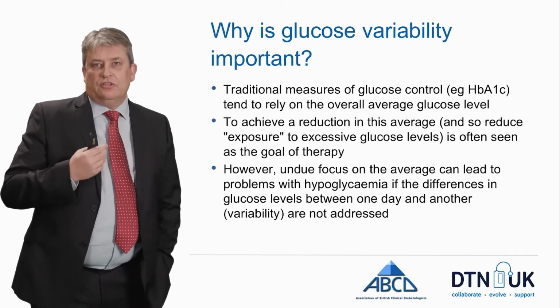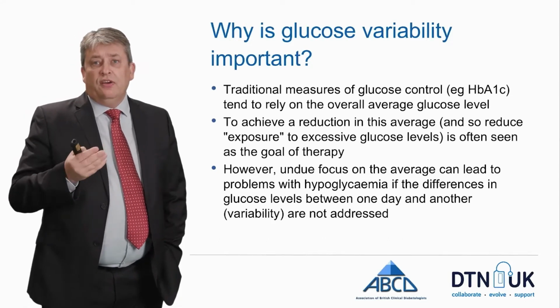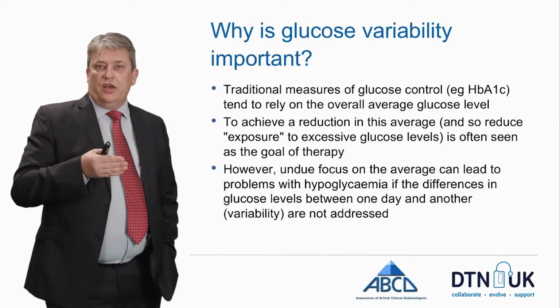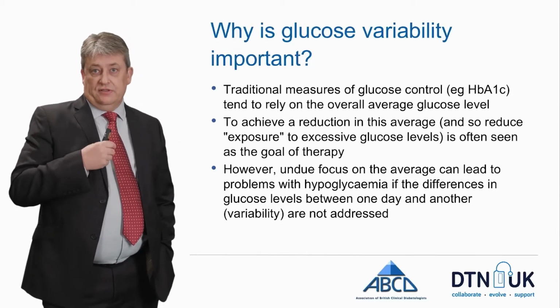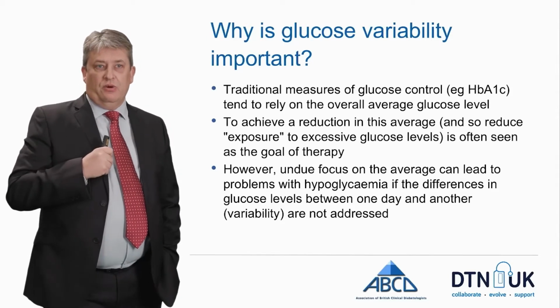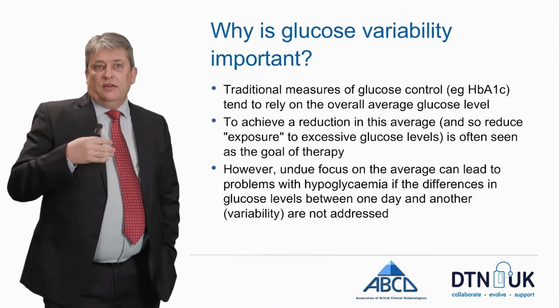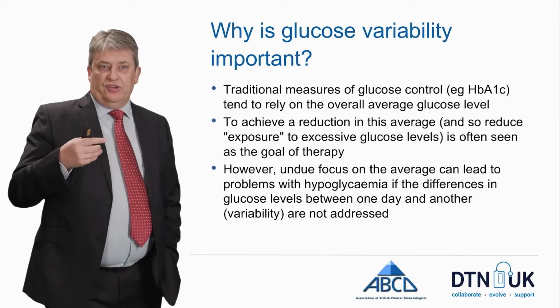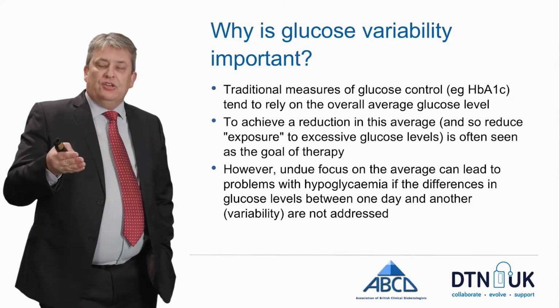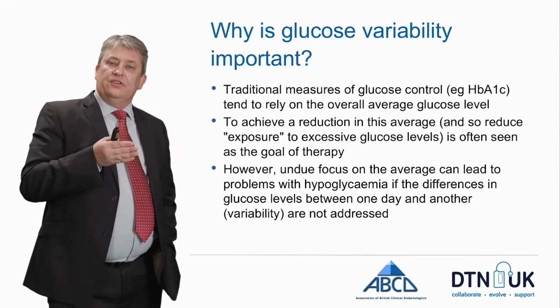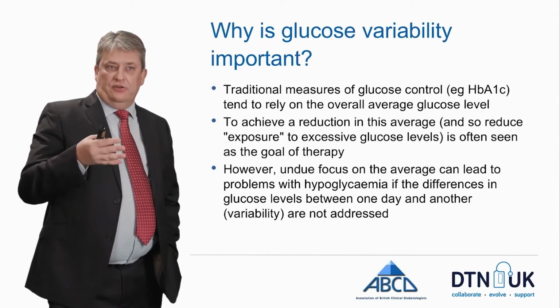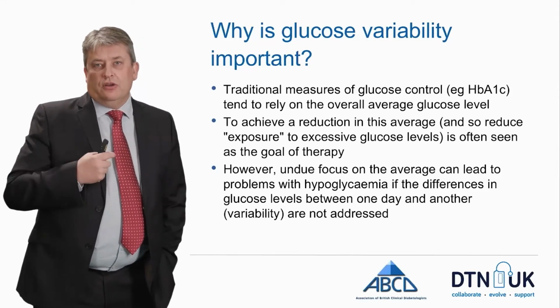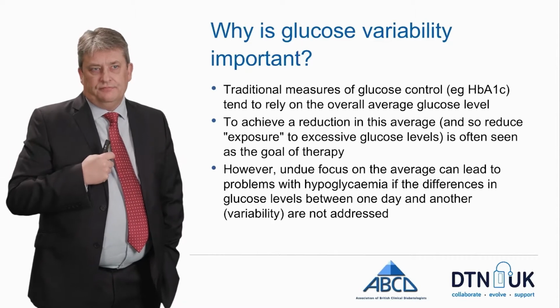Traditionally, we've thought a lot about glucose control in terms of trying to reduce the overall average of glucose levels with measures such as the hemoglobin A1C. And indeed, our goals of care have often been to try and reduce this average to ensure that we minimise an individual's exposure to excess glucose levels, which we know can cause problems for blood vessels.